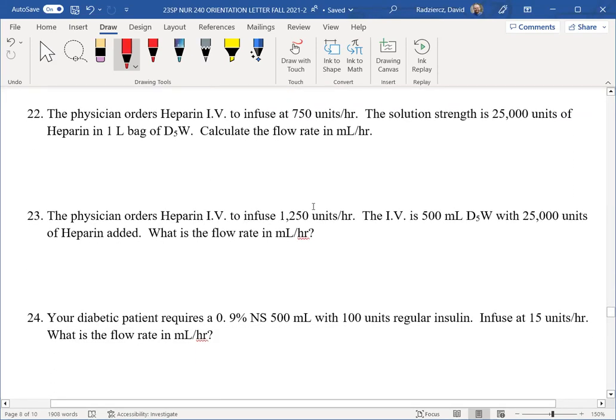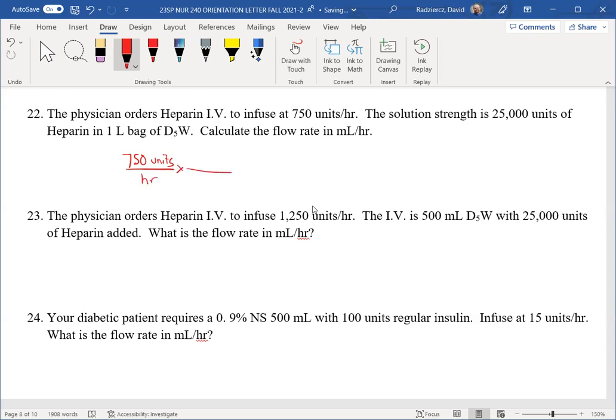All right, so some of the things that you're going to see that hopefully you've looked at, and I'm imagining if you can do the long, drawn out dimensional analysis, you should be fine with a lot of these. But most of these questions that are kind of new or nuanced that sometimes are challenging for students are these units per hour to milliliters per hour. So these are like your heparin, your insulin infusions, and if you've been doing this using dimensional analysis, then this should be okay.